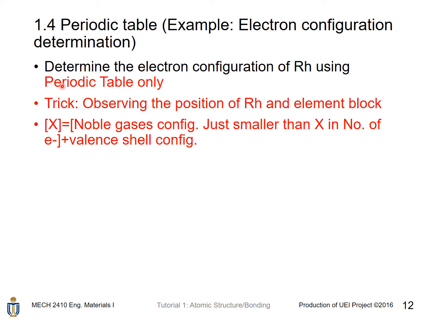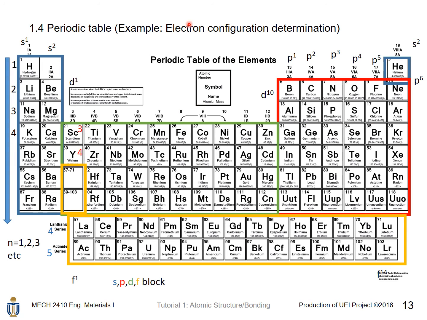For any possible atom or element within the periodic table, X is equal to the noble gas configuration just smaller than X in terms of number of electrons, or equivalently the atomic number, plus the valence shell configuration. Valence shell configuration, as I just said, you can determine using which block the element is in on the periodic table.